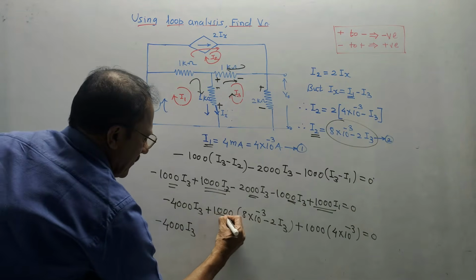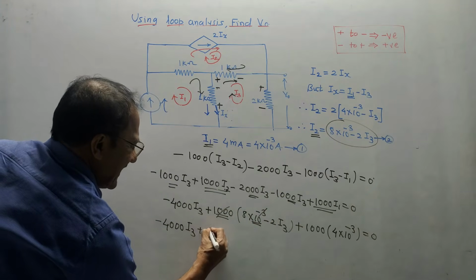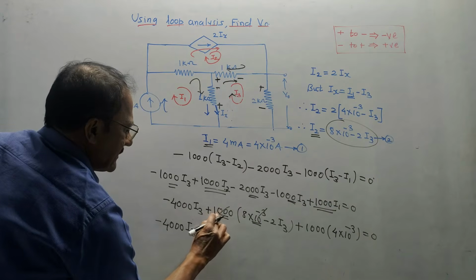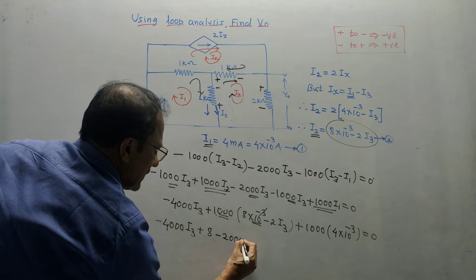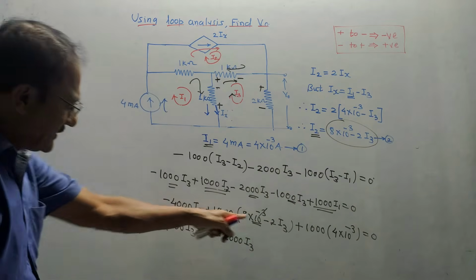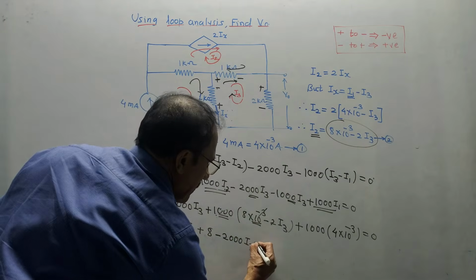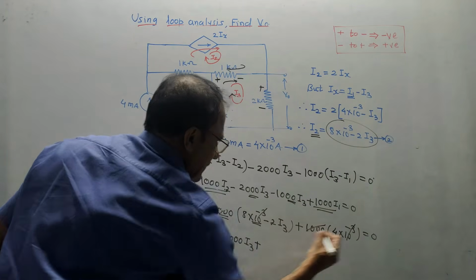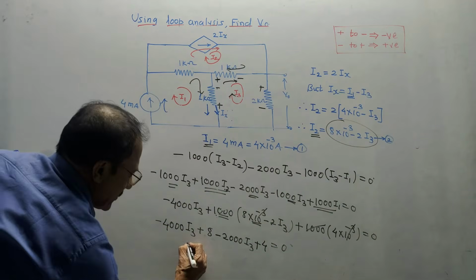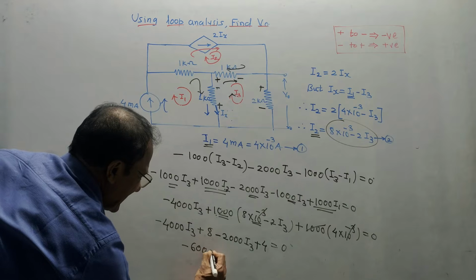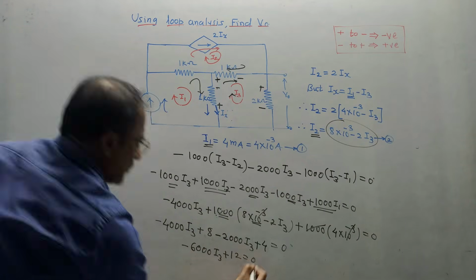The 1000 into 10 raised to minus 3 gets cancelled, plus 8, minus 2000 I3, plus 4 equals 0. So simple calculation: minus 6000 I3 plus 12 equals 0.